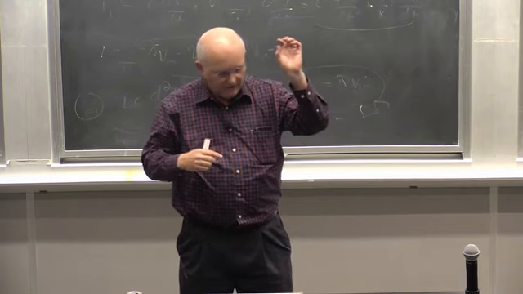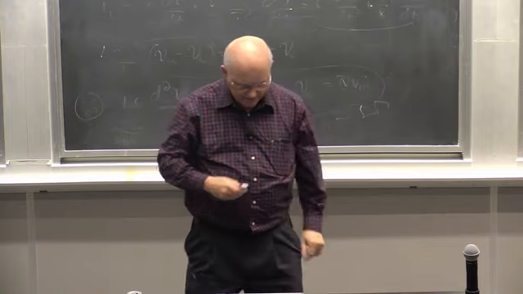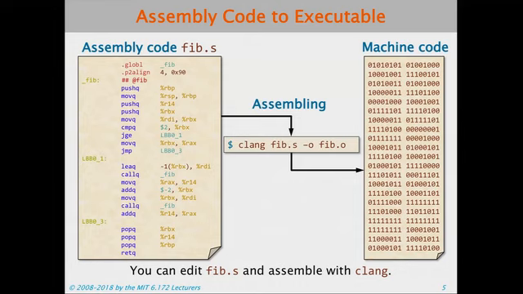Things like the opcodes, the things that are here in blue or purple, correspond to specific bit patterns over here in the machine code.